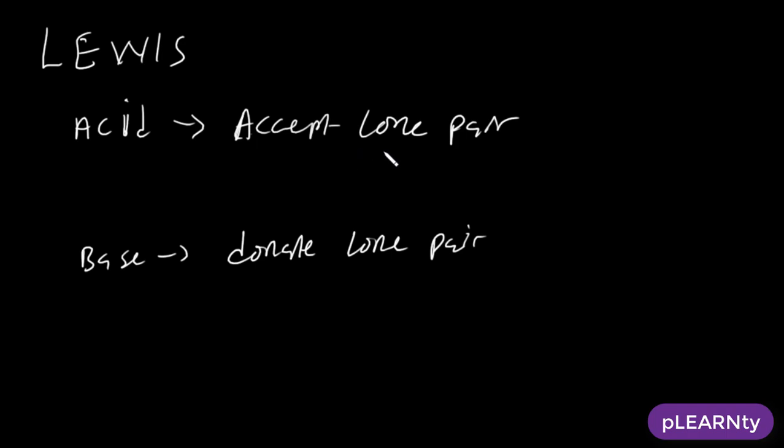Anything that accepts electrons is called an electrophile, because the reason why it is accepting electrons is that it is electron deficient. So the word phile means to love. So when you love something, you want to take more of that thing. So it means it lacks electrons and it wants to take electrons, so we call it an electrophile.